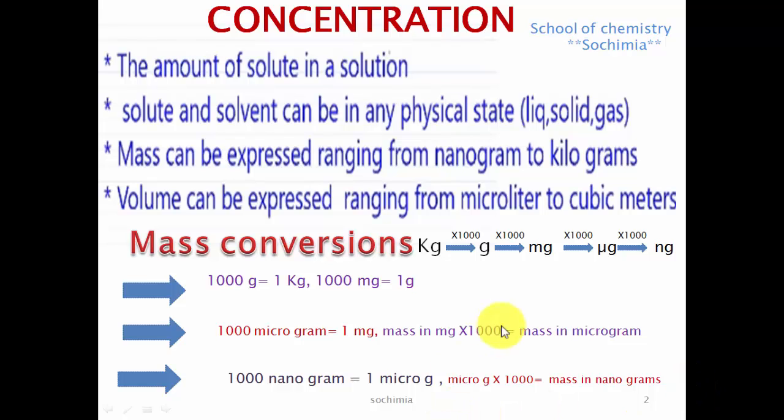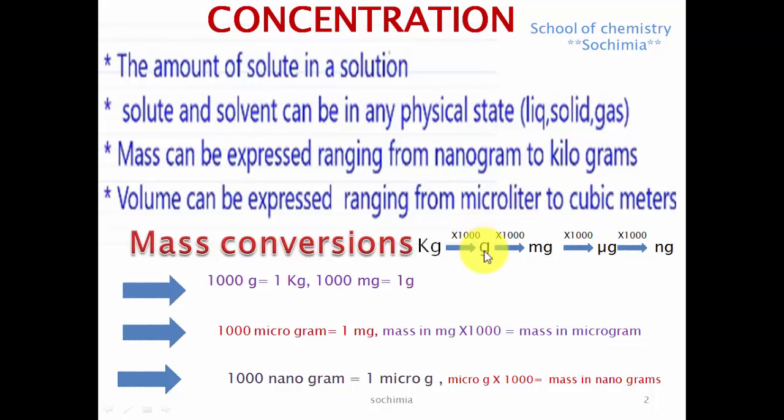So we have mass conversions here. We have different units like kilograms, grams, milligrams, micrograms, and nanograms. And the relation between all these units is very simple, we have this multiplication factor here: if we want to get grams from kilograms, we need to multiply the kilogram number by 1000 to get grams.